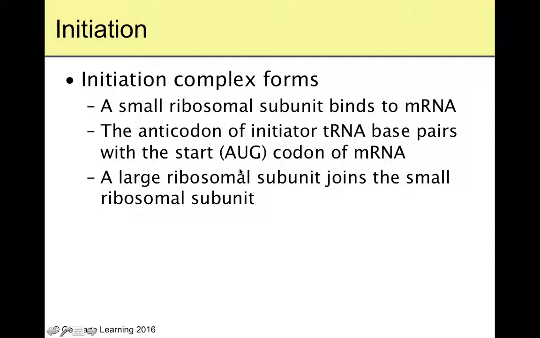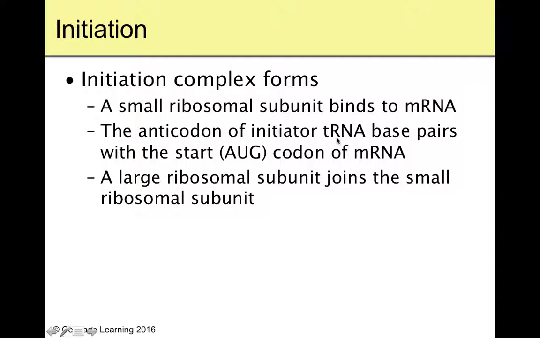So, quick question. If the codon for mRNA is AUG, what's the anticodon for the tRNA? Alright, well, hopefully you looked at it and said UAC would be what's on the tRNA. That's the anticodon.